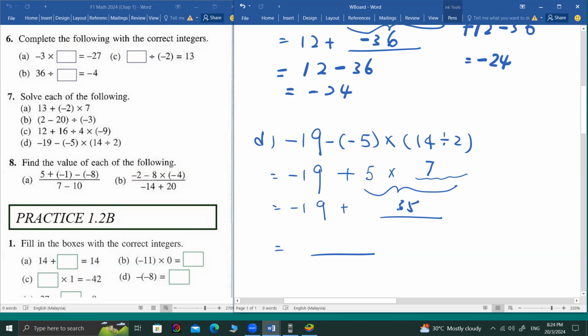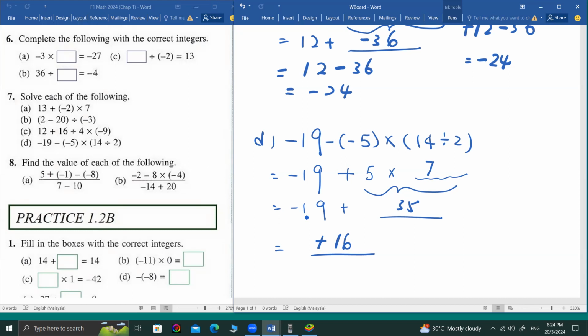Yeah, 16. Just see the number, so you follow positive. If you didn't write positive, it's okay, but negative you must write. Can you follow all of you?